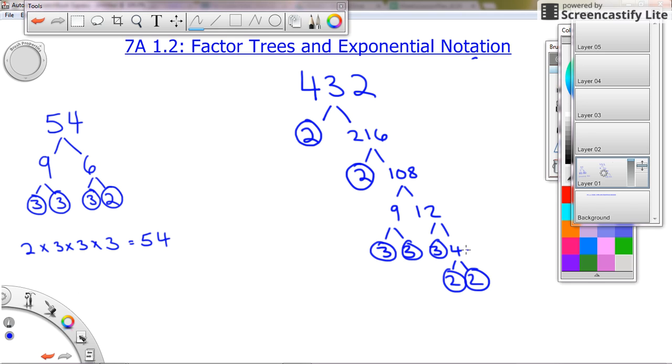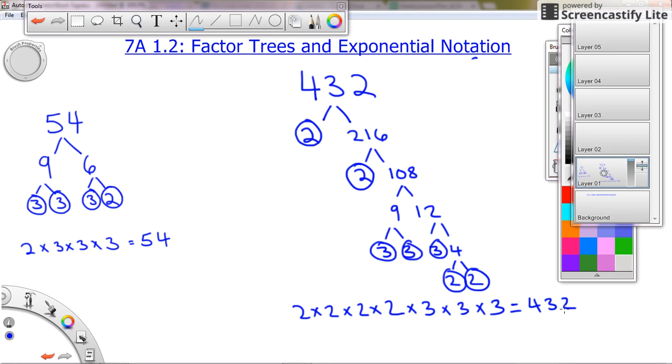All right, so we've got a bunch of 2s and 3s here. I've got 1, 2, 3, 4 twos. So 2 times 2 times 2 times 2. And 1, 2, 3 threes: 3 times 3 times 3. So that means if I multiply all of those together, I'll get back to that number at the top of our tree, 432.